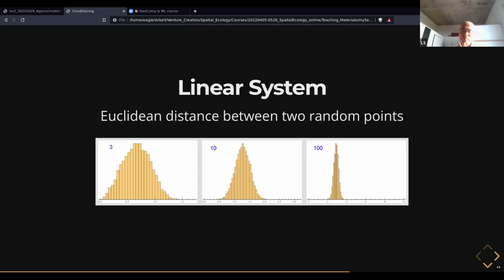Once again, this is a histogram. I just pick two random points in 3 dimensions, 10 dimensions, 100 dimensions. Then I calculate the distance, the Euclidean distance, in other words, the L2 norm. And then I plot this distance on this graph. Then I see this thing, whatever is shown on the screen.